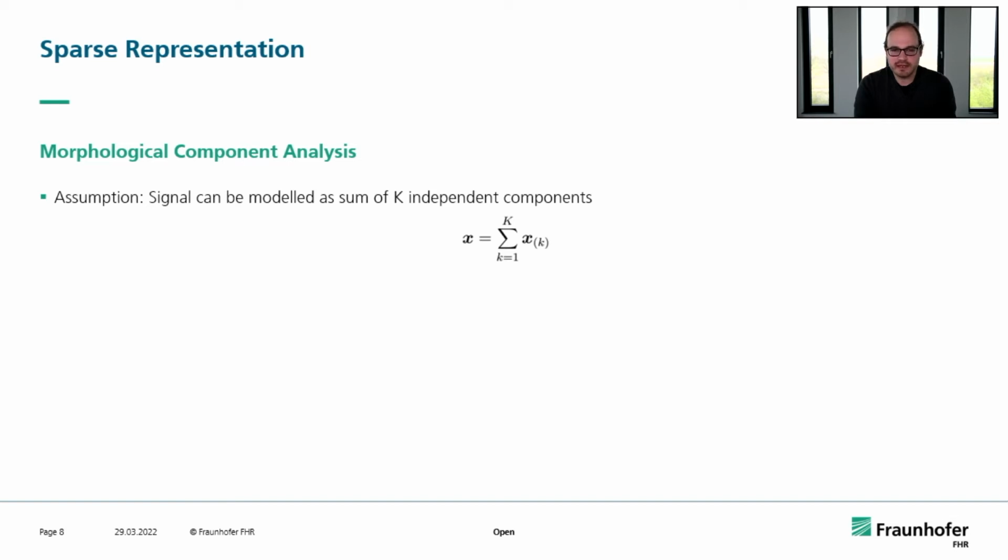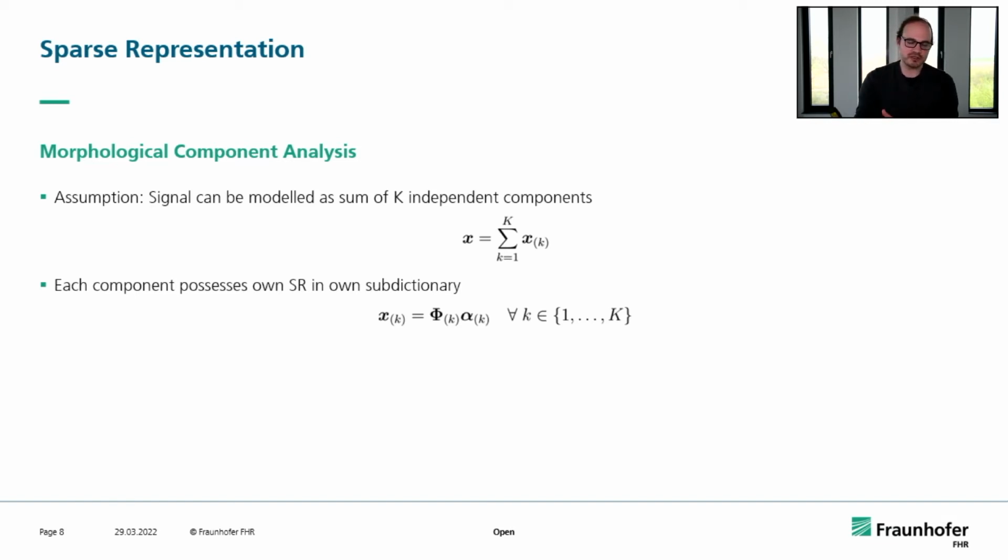So our signal x is made of several signals, up to capital K here. So we have K components. And each of these components possesses its own sparse representation in a certain subdictionary. So our matrix is now divided into certain blocks, and each of these blocks represents one component in our signal. How these components look, we will see on one of the next slides.